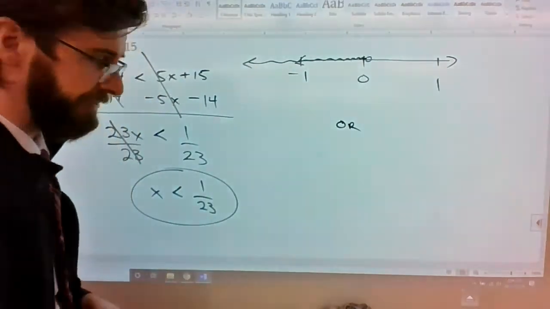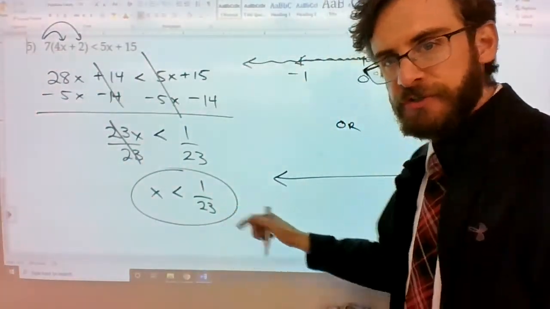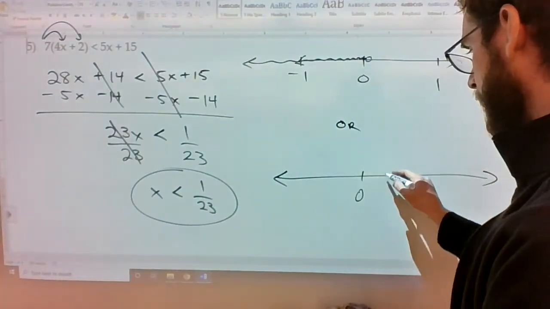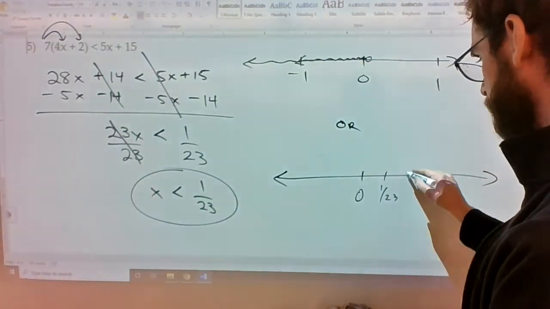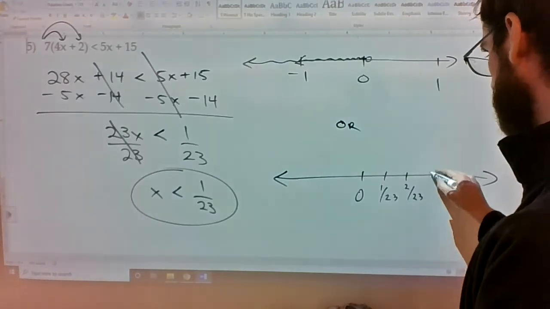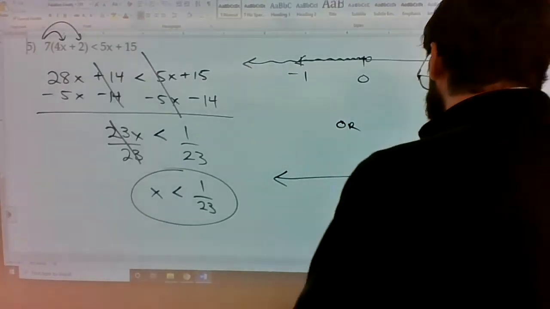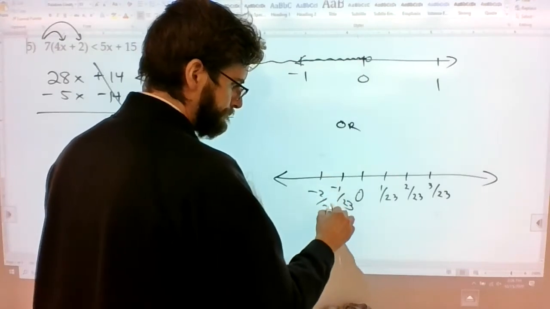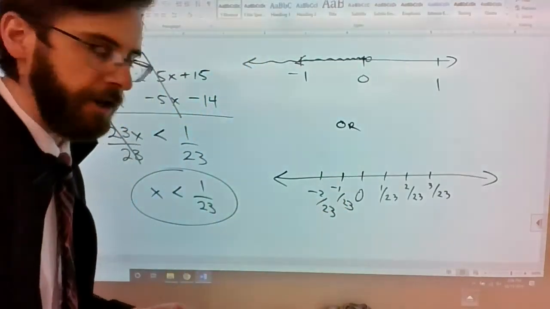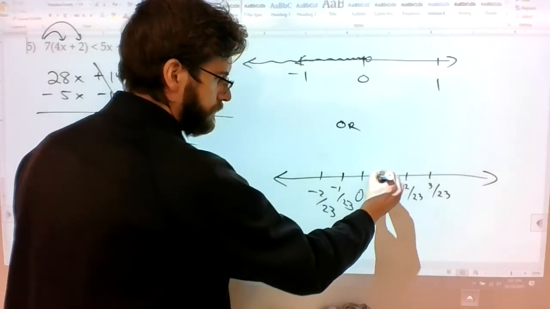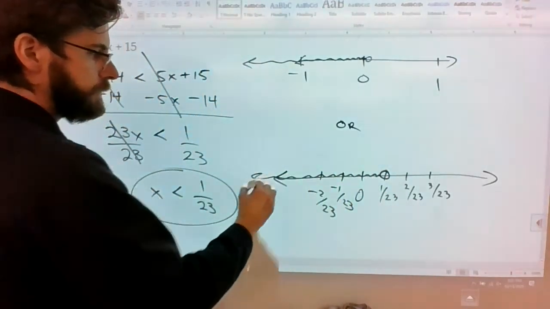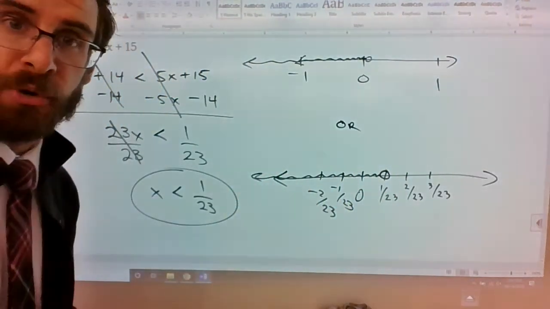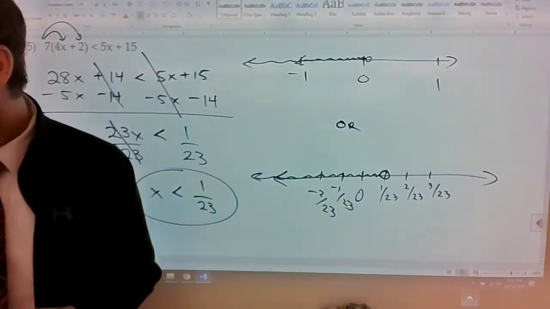Another way you could graph it is you could literally count by 23rds. You could say, here's 1 23rd, here's 2 23rds, here's 3 23rds, and then do it in the opposite direction. That's a legitimate way of talking about your graph. So you don't have to graph both of these. I'm just showing you 2 different ways to represent.